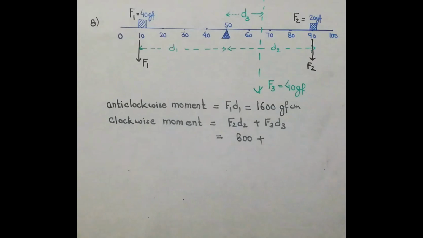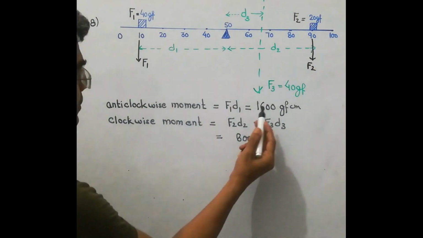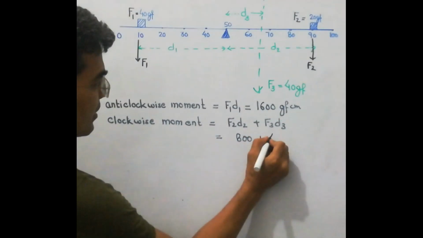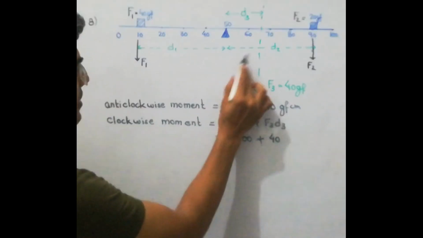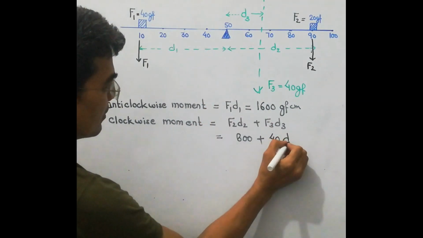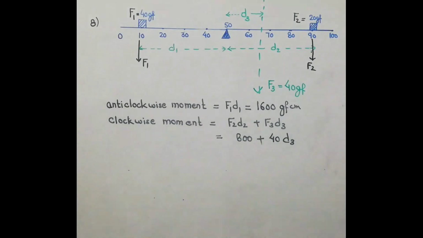Okay, now F3 is also producing clockwise moment. So F3 is 40, but its distance is unknown to us. So we can write it as 40 into D3. That is the clockwise moment. Now with the use of this third force, the scale has been brought in equilibrium. So now the scale is in equilibrium.